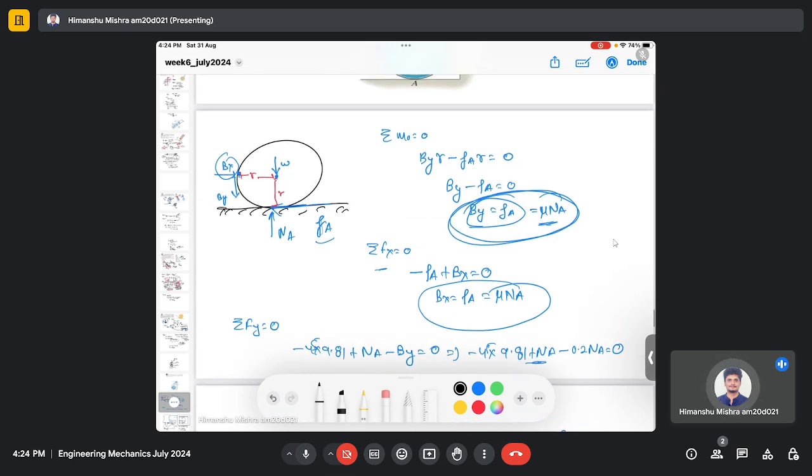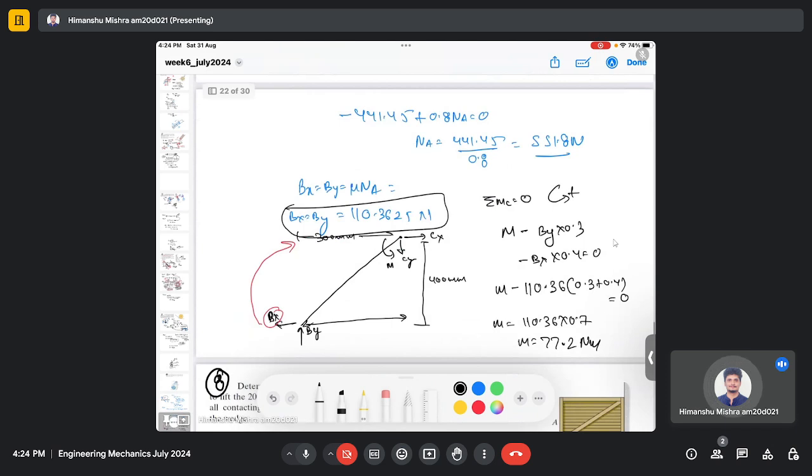Once we got the reaction forces, we took the rod as a separate system and we assigned all the unknown forces here. As we discussed in the virtual class, when we use the equilibrium method, we need to assign all the forces which are acting on the system. So we again assigned the forces Bx and By, which are the reaction forces we previously found from the equilibrium equations when we considered the disc alone.